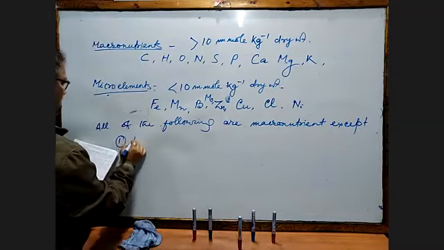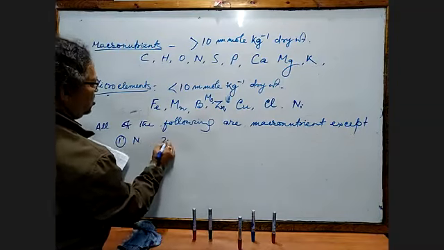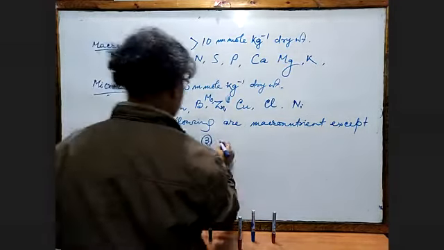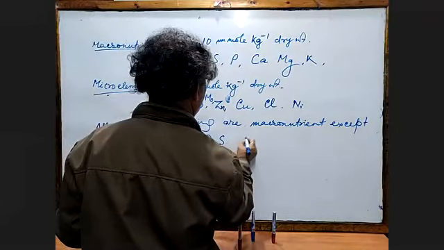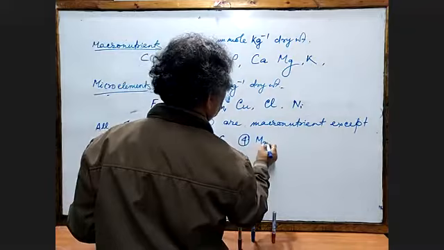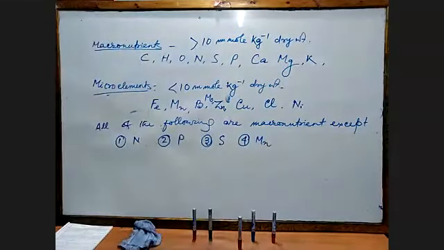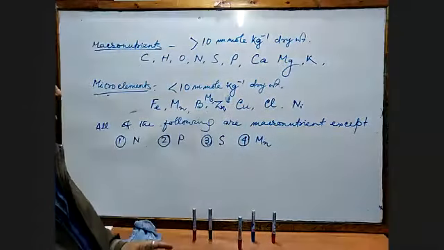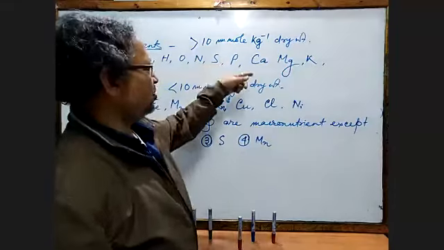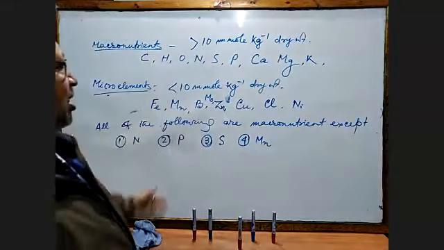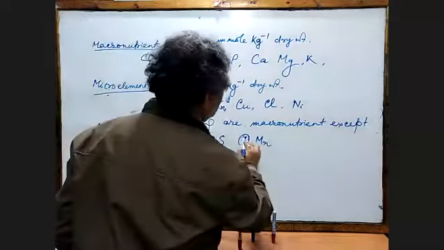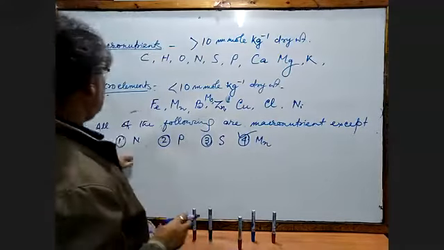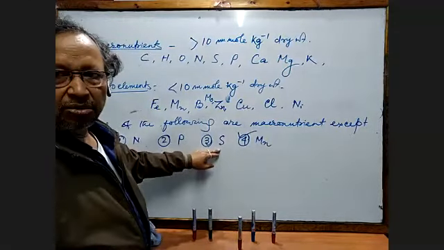Number 1 is nitrogen, number 2 is phosphorus, number 3 sulfur, number 4 manganese. So all of these are macronutrients except one. Which one? If we see this list, manganese is the micronutrient, not a macronutrient. These three are the macronutrients.